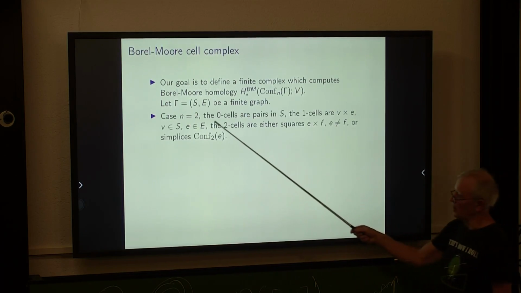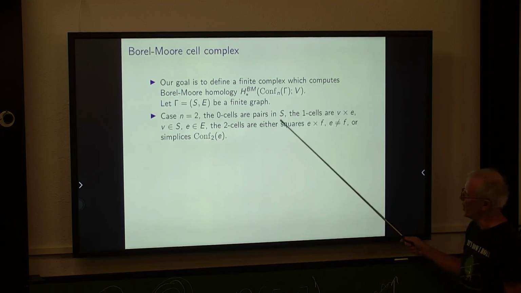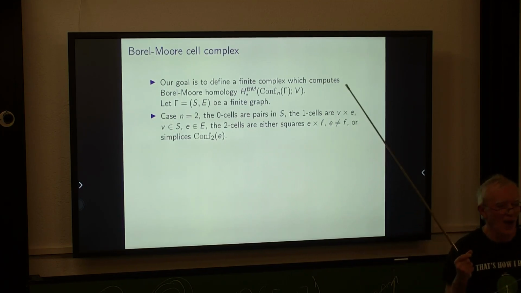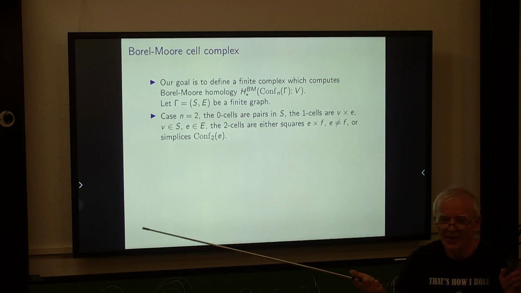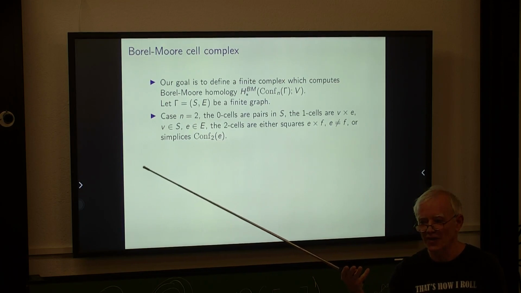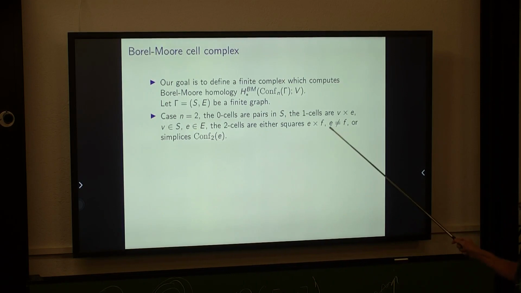And I will say that, for example, in the case n equals 2, I want to describe the configuration of 2 points. And for this, I will have 0 cells which are pairs in S. If S has cardinality 1, there will be no 0 cell, but it's not a problem. You should think of this as similar to a relative CW complex, which can have no 0 cell. And the 1 cells are edges which are paired with a vertex.